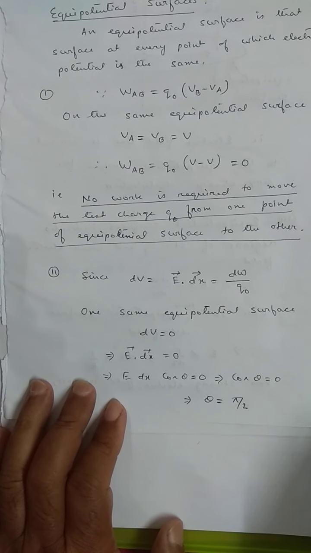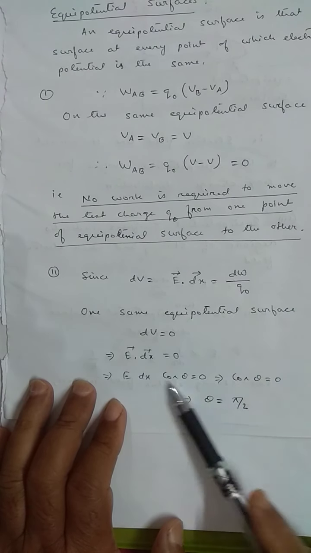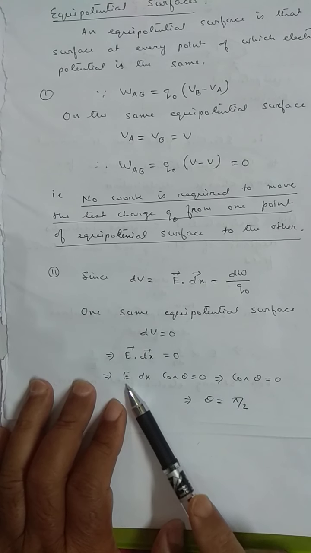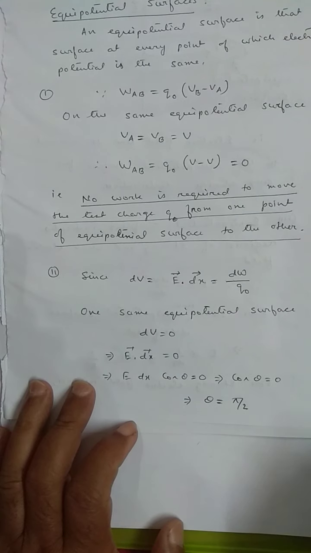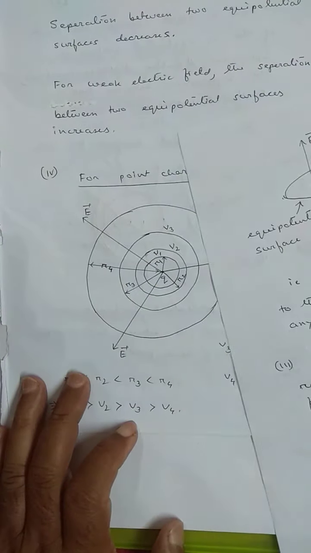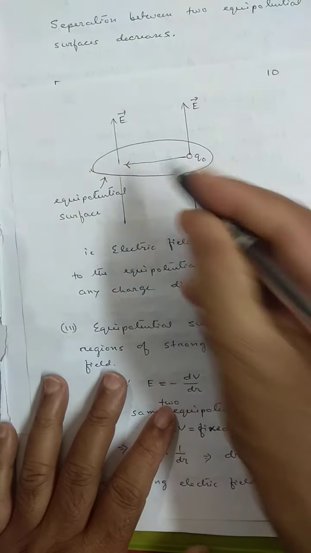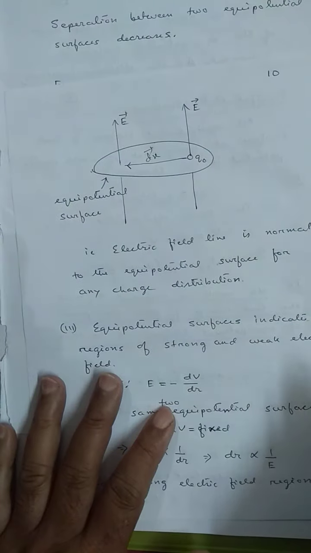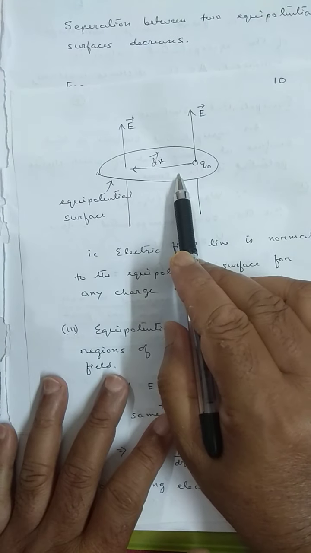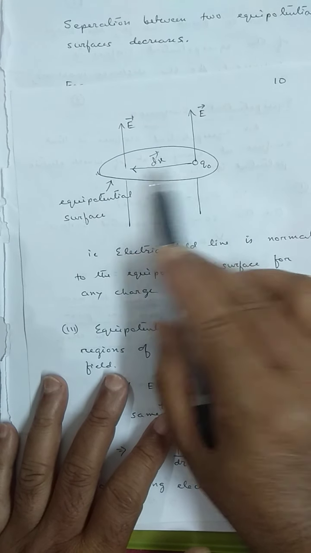Theta is 90 degrees means the displacement is on the surface. The electric field on the equipotential surface should be normal, because this is the displacement dx. Okay, this is the equipotential surface. I move the charge Q0 from here to here.